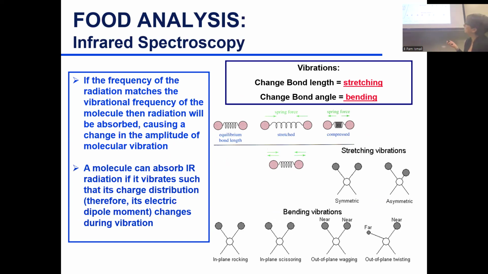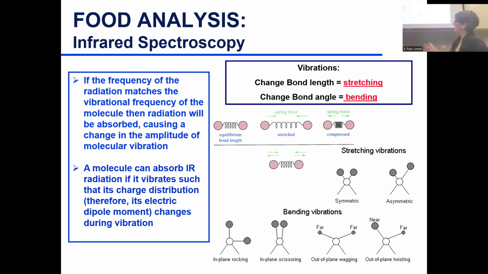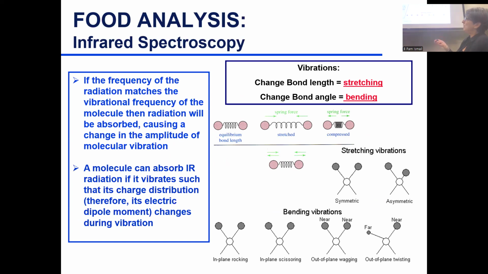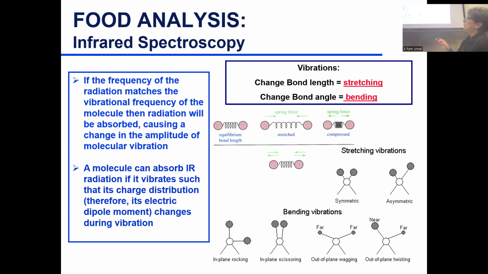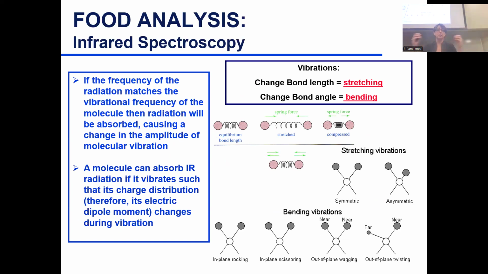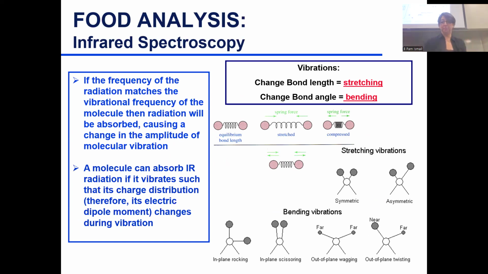I think I mentioned all of this. The vibration, or the stretching and bending, is really the change in the distribution of electrons between the two atoms in a bond.